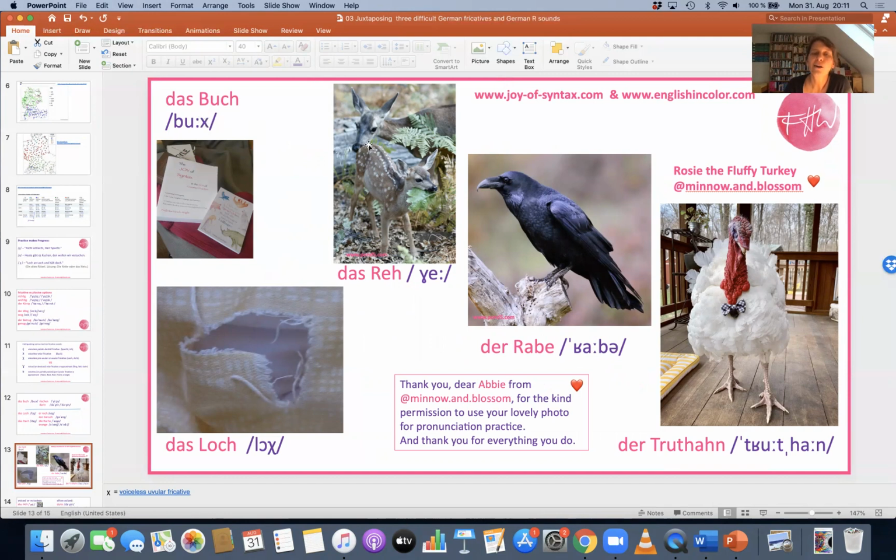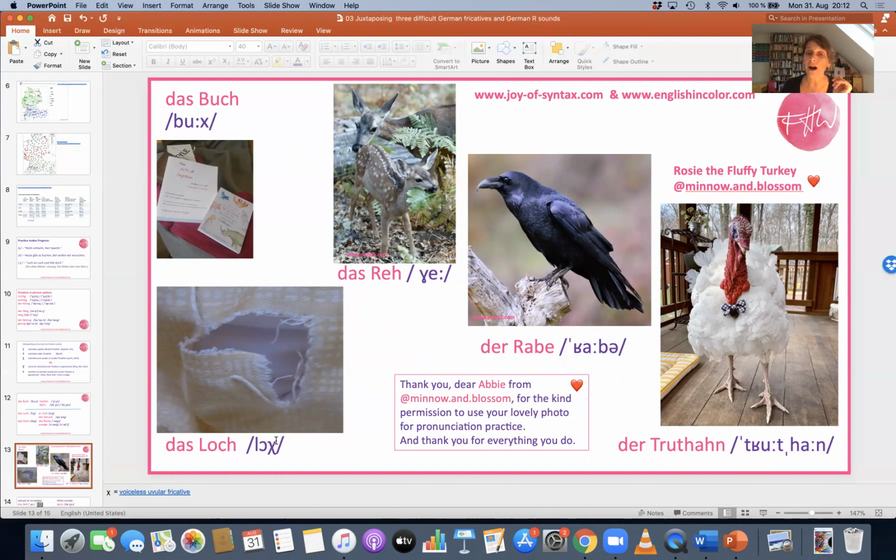And the R that you have in re is pronounced in the same location, and in my book I used a different symbol, remember, but I used it here as a reminder that it's the R that's closer to the hard palate. Then Rabe, that's the same location. The R is pronounced in the same location where you pronounce the Loch fricative.